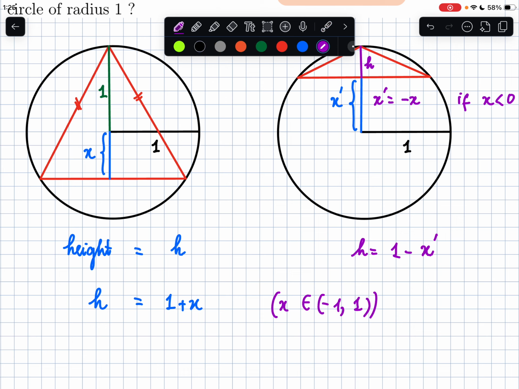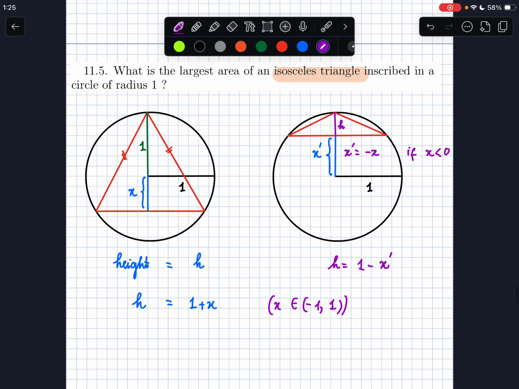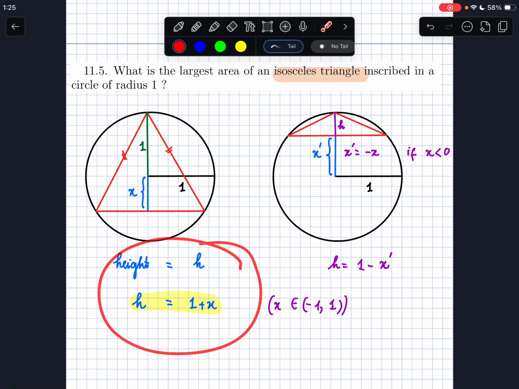So here I try to write out one formula for the height, so we don't need to worry about two cases. Just use height always equal to that. x here, think of that as the distance between center to the base, which can be negative.